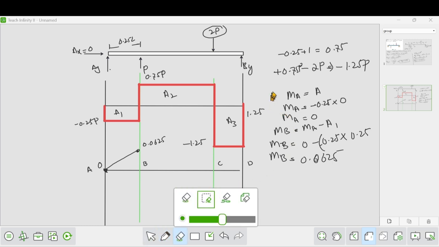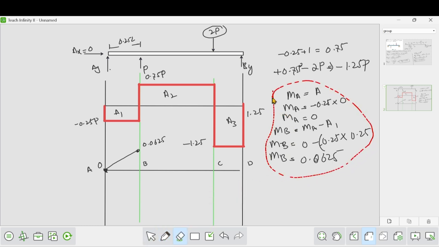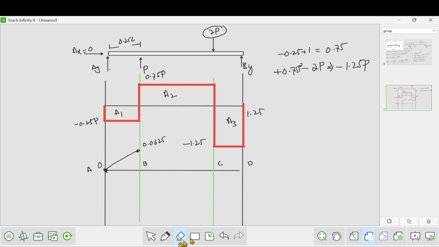Now I want to find moment at point C. So moment at point C is equal to moment at point B minus area A2. So MC is equal to 0.0625 minus area, 0.75 multiplied by this length 0.5.